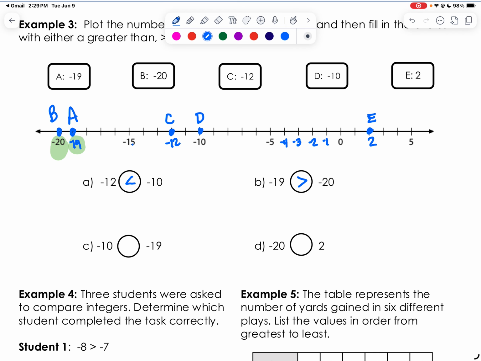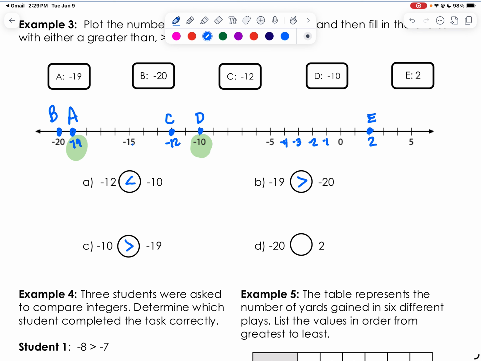All right, in our next problem, we want to compare negative 10 to negative 19. Let me highlight negative 10 first, and then negative 19. Is negative 10 to the left of negative 19 or to the right of negative 19? Because it's to the right, it is greater than.